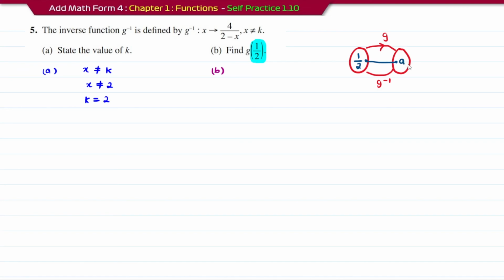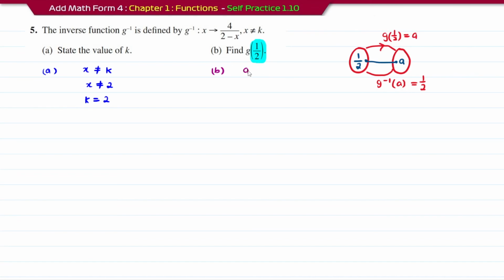So let us label it as a. So therefore, we can set the g of 1 over 2 is equal to a. And the inverse g of a is equal to 1 over 2. So we're going to use these two relationships to help us solve question B.